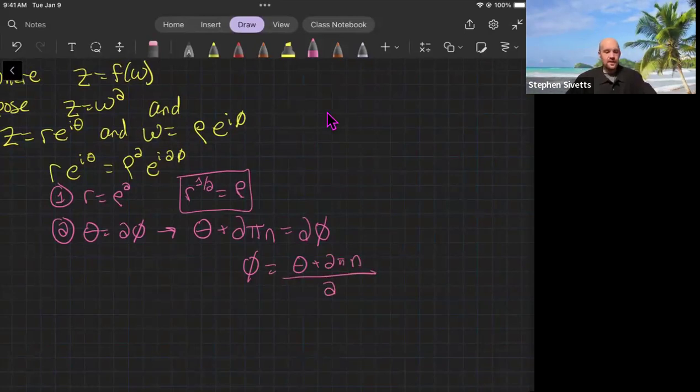Because with inverse functions, the thing that we need to look out for is whether the function is one-to-one on a given set.